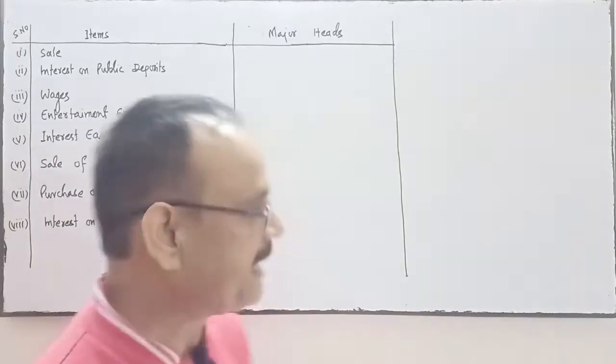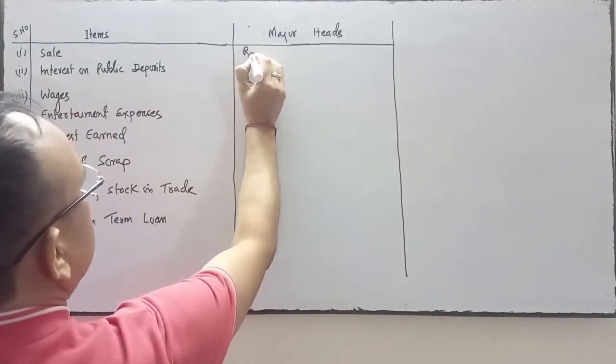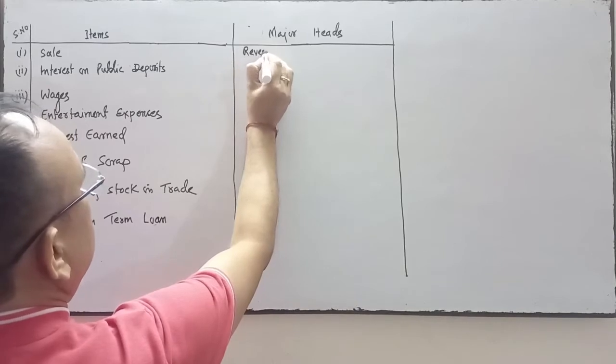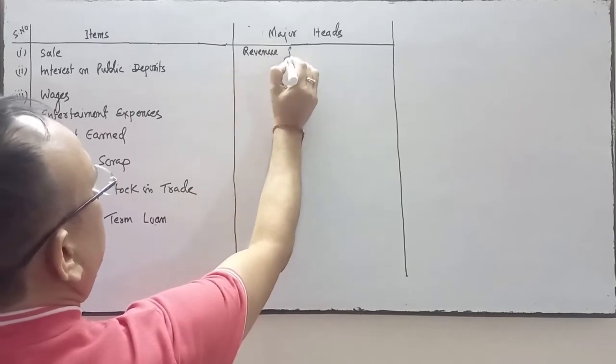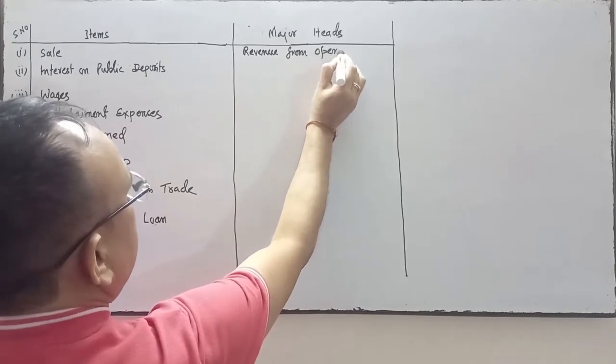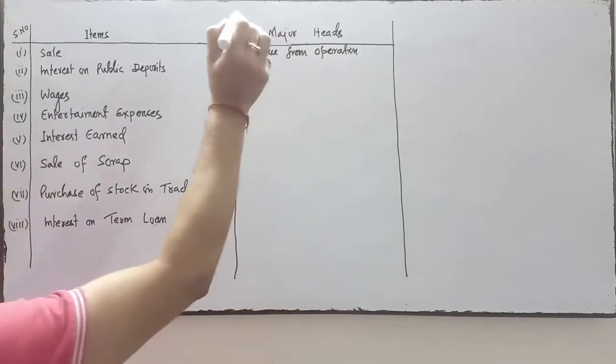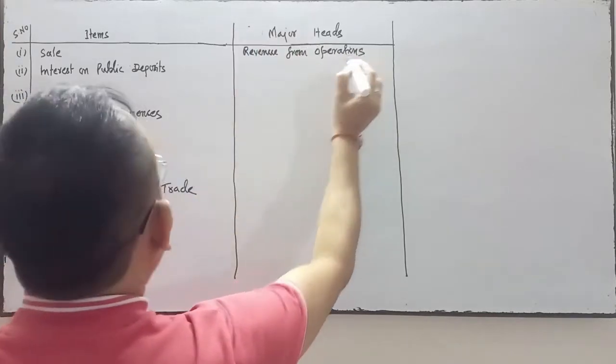First is sales. Sales comes under revenue from operations. This is the major head. Revenue from operations.